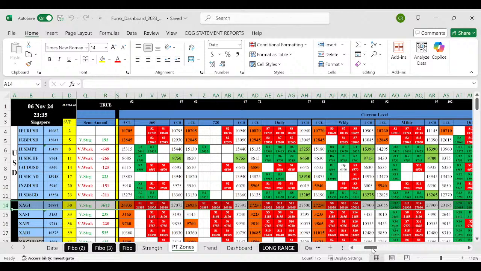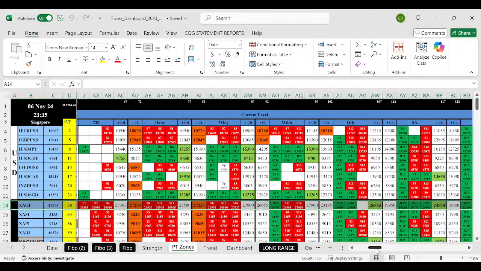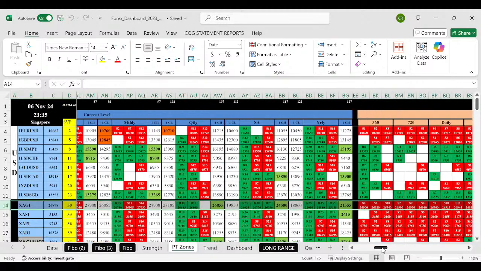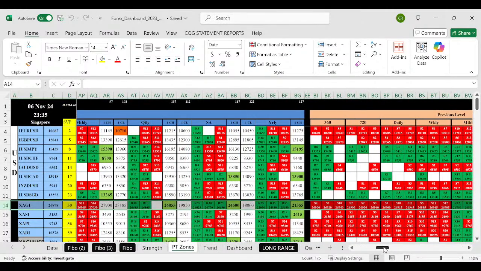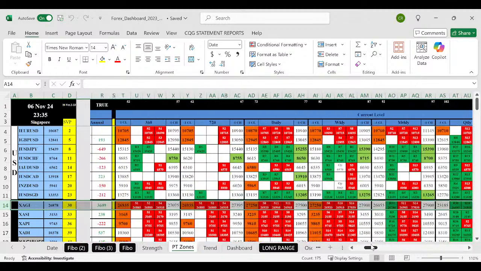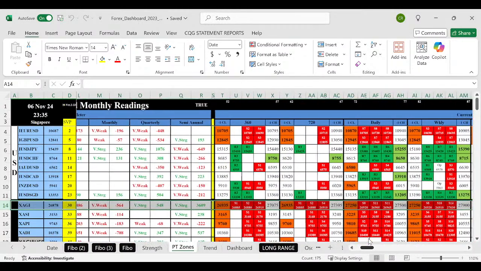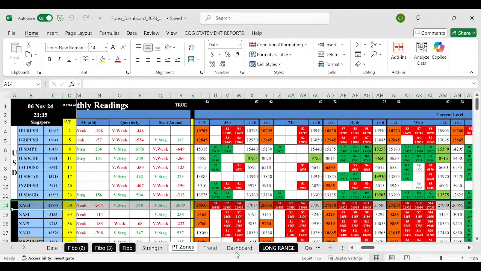Previously, 360, 720, daily, weekly were all pretty weak. Now we look at the daily and monthly. The daily support is at SL10, and weekly is also about SL10, followed by monthly.